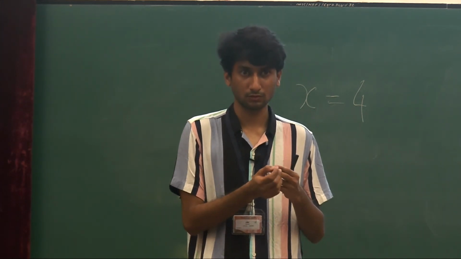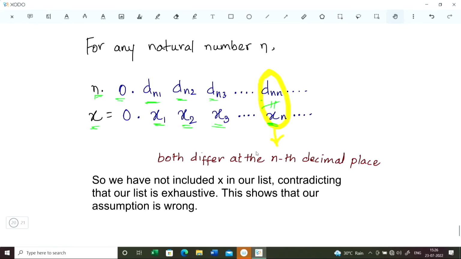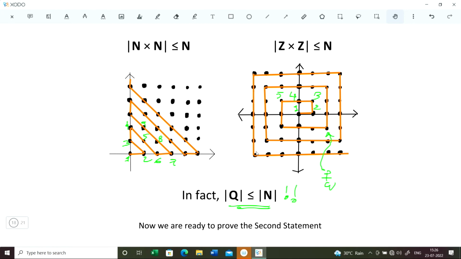Actually, I have a proof. We can prove that the cardinality of the rational numbers cannot exceed the cardinality of Z cross Z, right? Because every rational number I can write as p comma q.